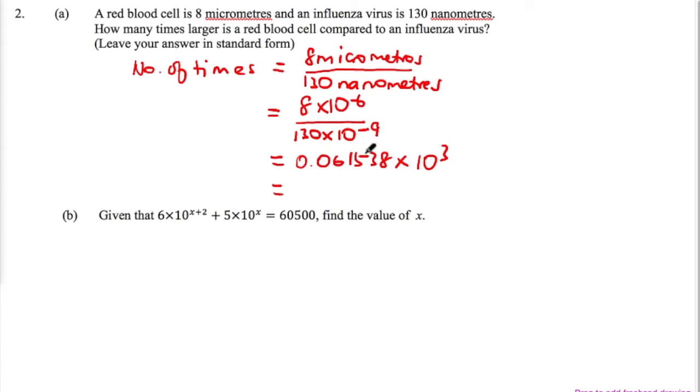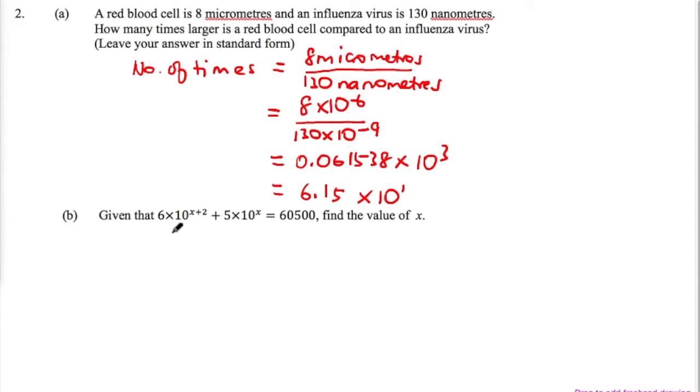Next, we need to reduce our answers to 3 significant figures, which is 6.15 multiplied by 10 to the power of 1. When we multiply by 10 to the power of 3, we move the decimal place 3 times forward to give us 61.5. And 61.5 will have to be written as 6.15. Therefore, we have 6.15 times 10 to the power of 1.